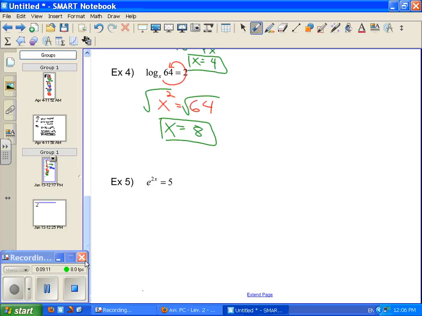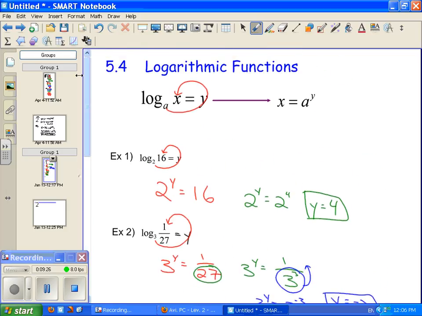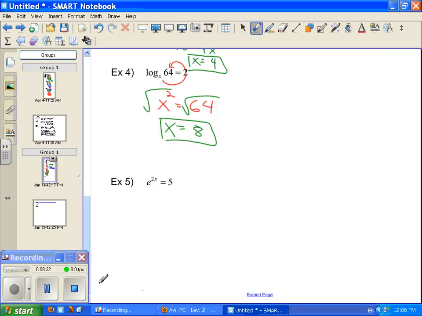Now, first of all, it's an e, right? So when I have a log base e, we use something else. That's where we use the natural log, because the natural log's base is always e. Okay? So when I rewrite this one, let's see. So if I'm using this as my guide, right, and I have an a to the e, the a part is supposed to be my base. So that's this one. So I'd have a log base e.